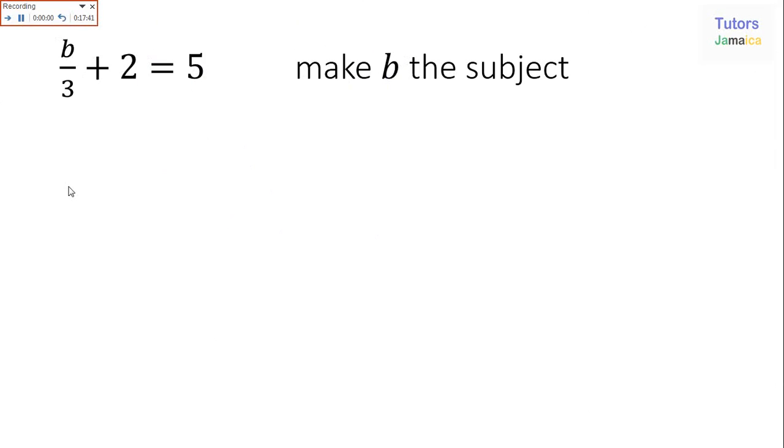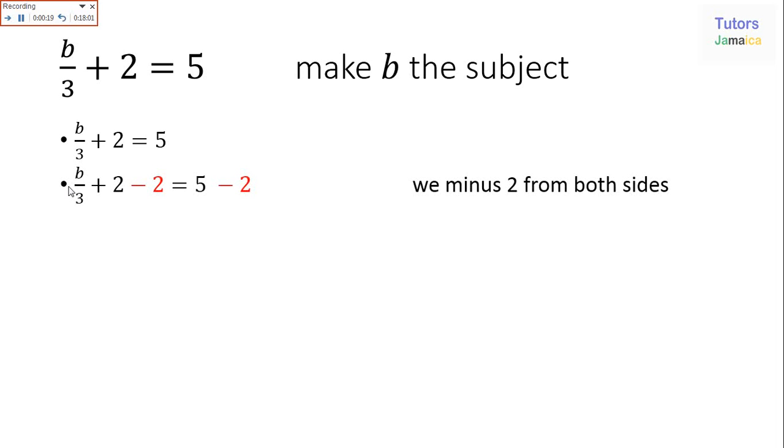Right, so now we're going to make B the subject of the formula. As I said, B over 3 plus 2 equals 5. So firstly, as usual, we write down our equation.